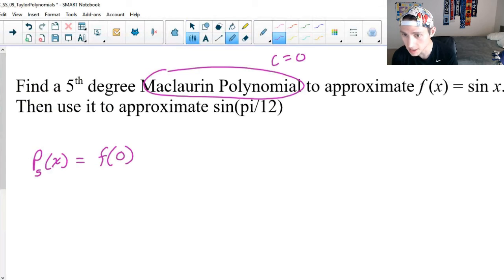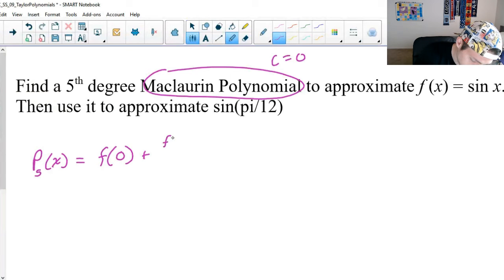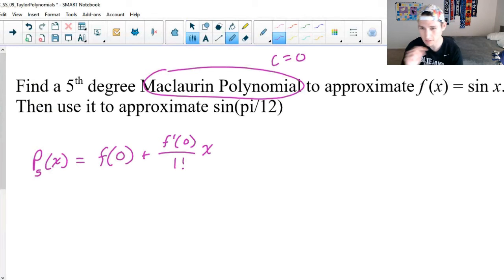So my first term is just f of 0, plus f prime of 0 divided by 1 factorial, times x.